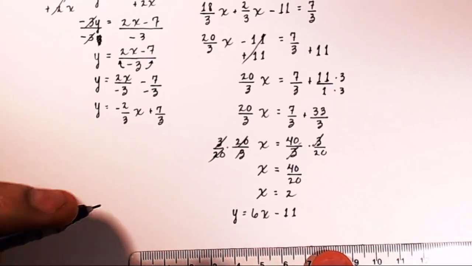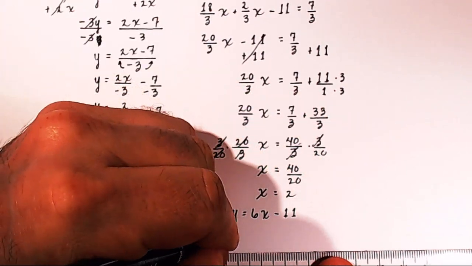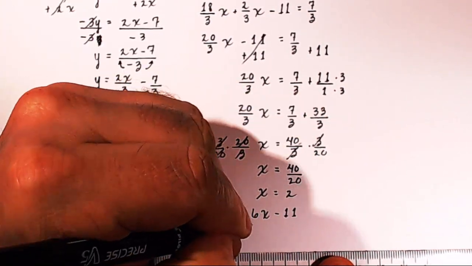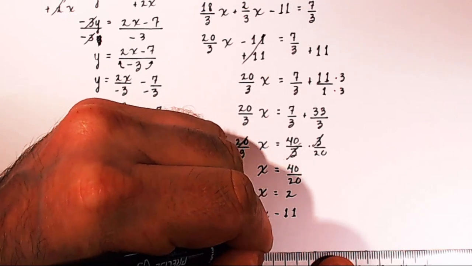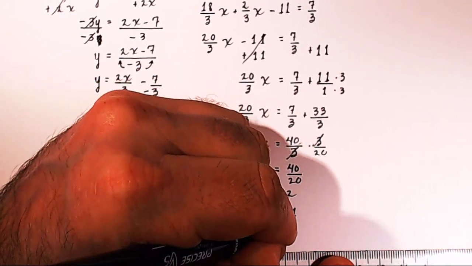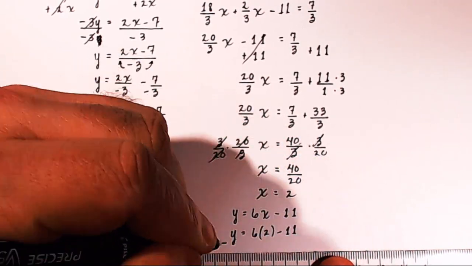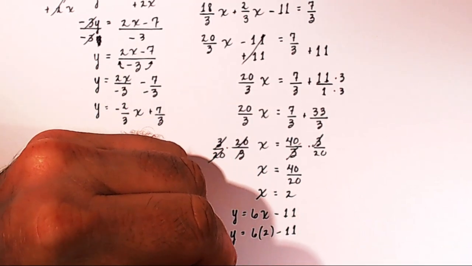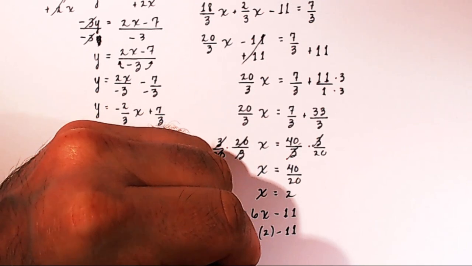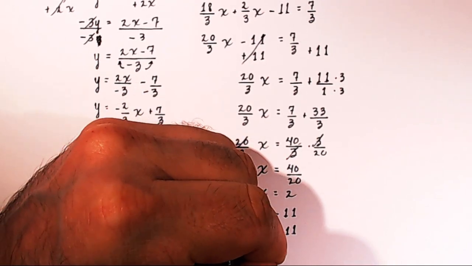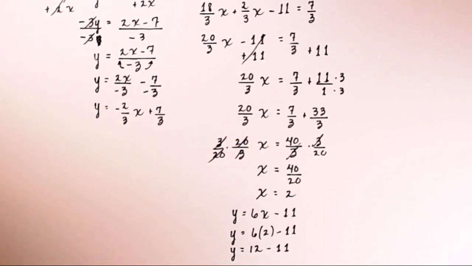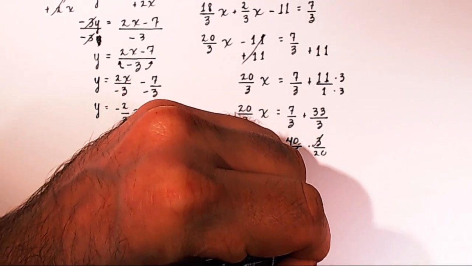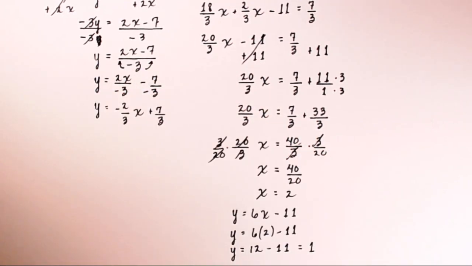So if I'm going to substitute a 2 for the x, I'll say y equals 6 times 2 minus 11. 6 times 2 is 12. So y equals 12 minus 11, which equals 1. So y equals 1.